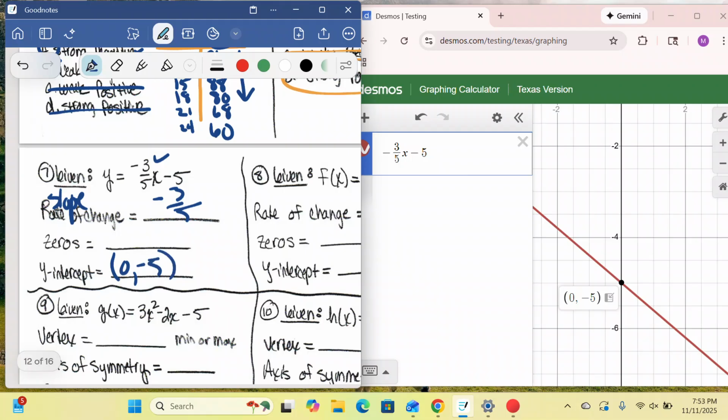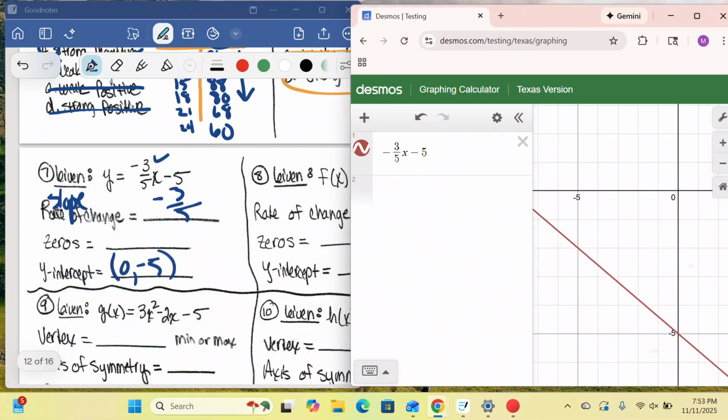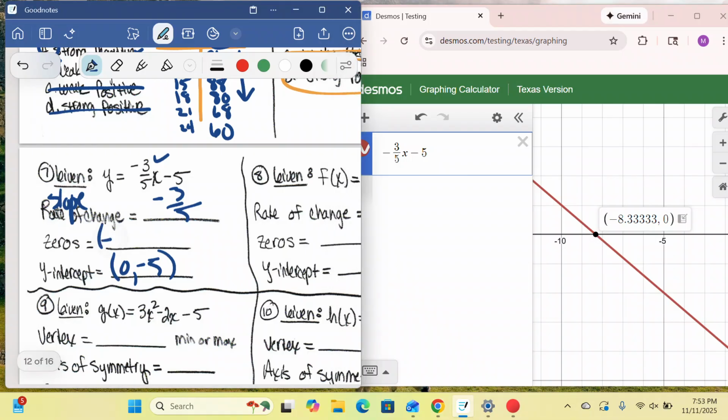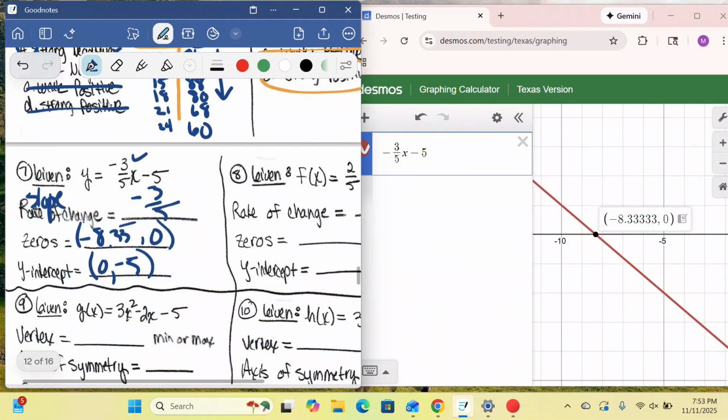Now I want to find my x-intercept. I come to my x-axis and find where it crosses, and it crosses at negative 8.333. So the 0 is negative 8.333, 0. That is my x-intercept, or my 0, and of course my y-intercept is there.